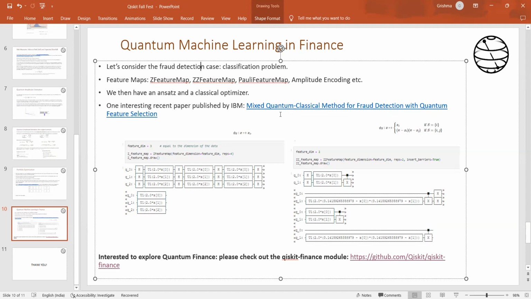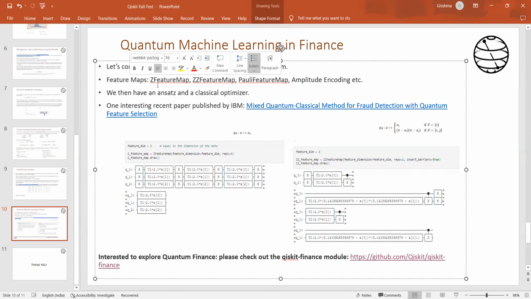But in general, this fraud detection problem is essentially a classification problem. You either want to identify whether a given instance is a fraud or not a fraud. In quantum machine learning, when we discussed QAOA or VQE before, we did not talk about this thing called a feature map.